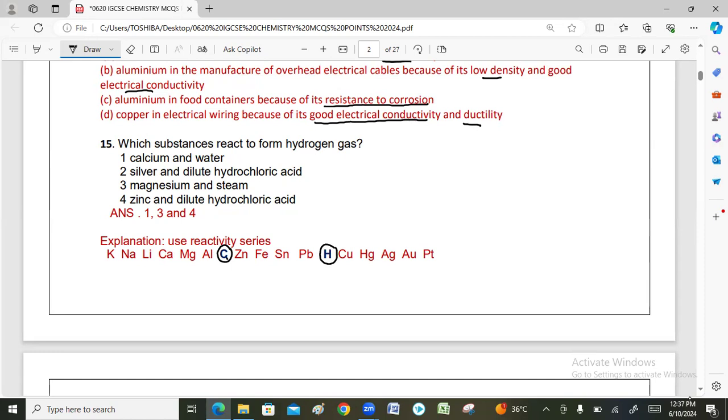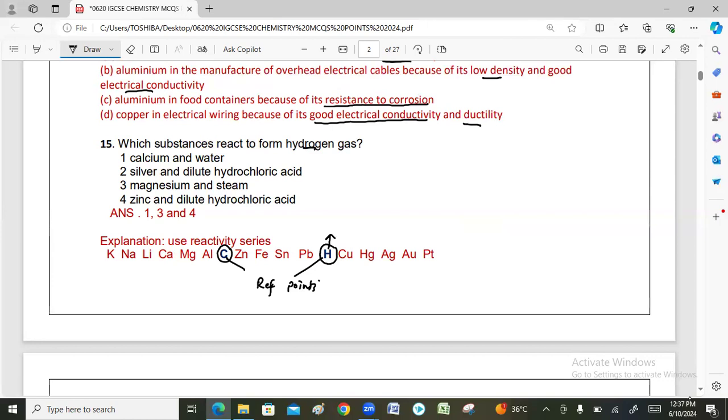Carbon and hydrogen are both non-metals, but these are the reference points. So which substance reacts to form hydrogen gas? All the elements which are present above hydrogen in the reactivity series can react with dilute acid to form hydrogen gas. So calcium and water, yes, calcium and water also contain hydrogen.